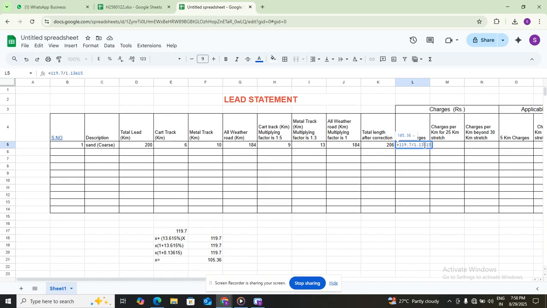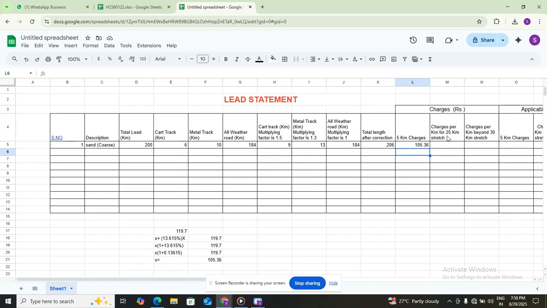Why do we need to remove this? Because we are removing the contractor profit plus overhead charges, which we add overall later. Okay, this is 105.36 for 5 kilometers. The 5 kilometer charge applicable is 105.36.